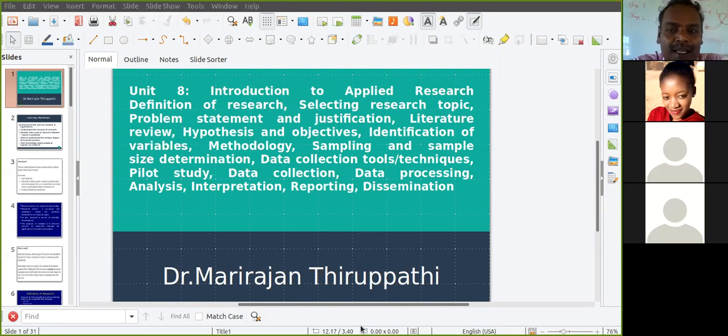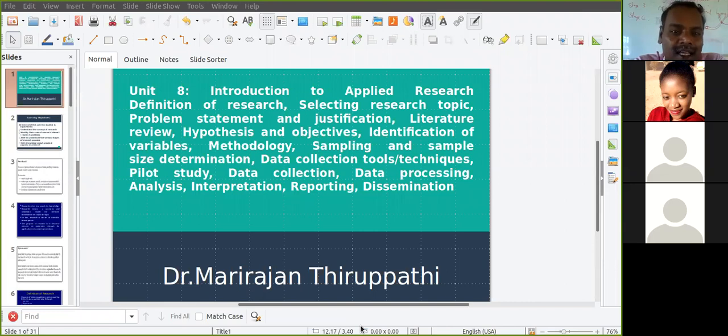So the subtopics I'm going to cover, according to your syllabus: the definition of research you are going to study, then how to select the research topic. The first one, definition of research. What is research? The second one, selection of research topic. What kind of research problems you are going to choose, how you are going to choose the research problem. That's called selection of research topic.